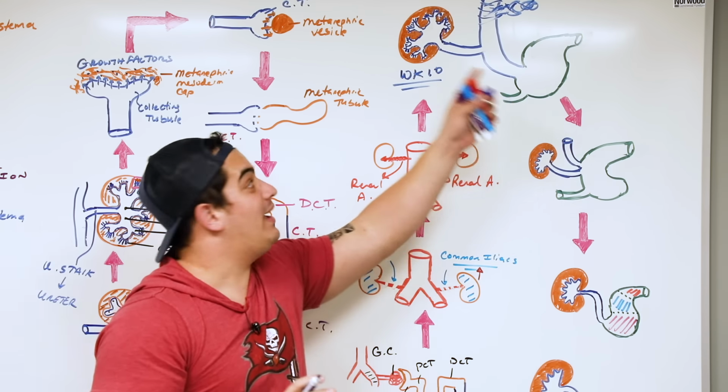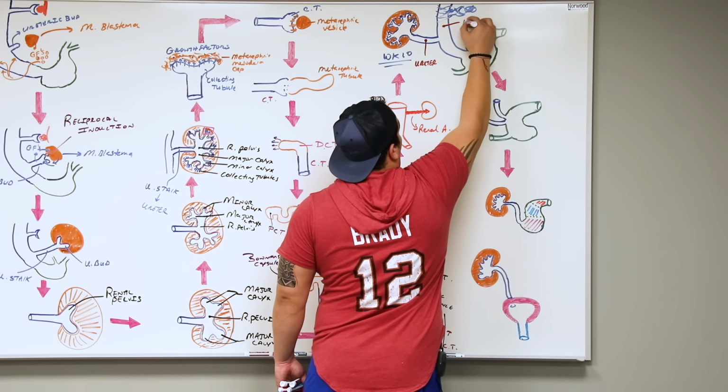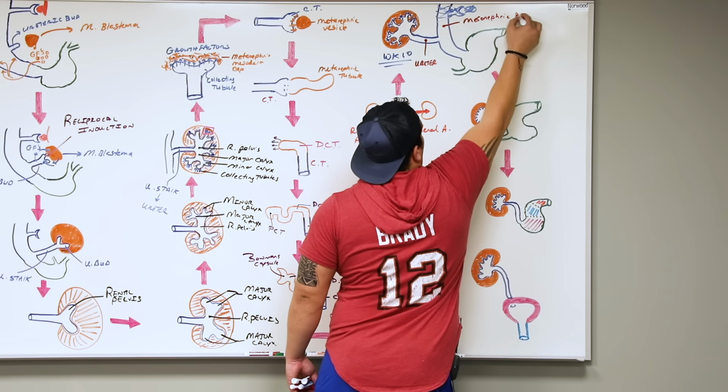So now, what we have to do is understand the next step here. What I want us to understand is how we now take the mesonephric duct and this ureter and how that empties into the cloaca at this point. So again, what is this structure here? This was that ureteric stalk, but it becomes the ureter, right? But again, technically it's the ureteric stalk, but it will become the ureter. And then this right here is your mesonephric duct.